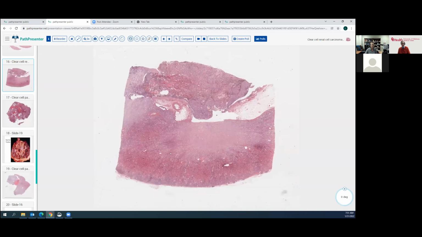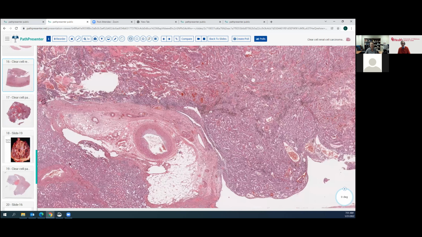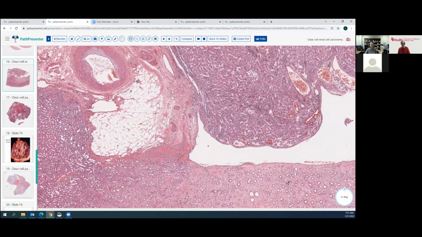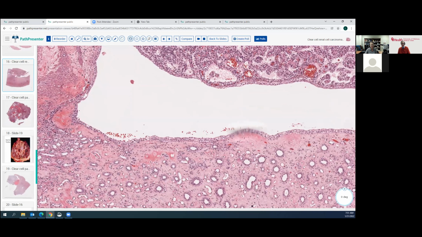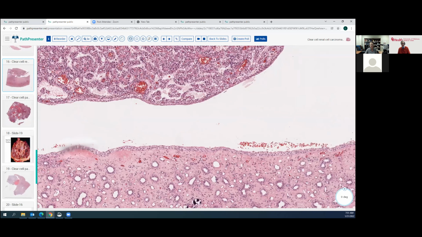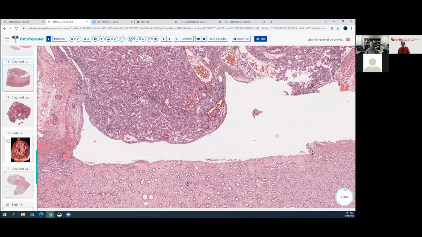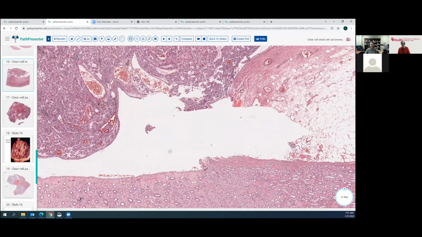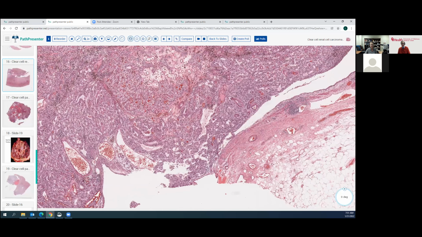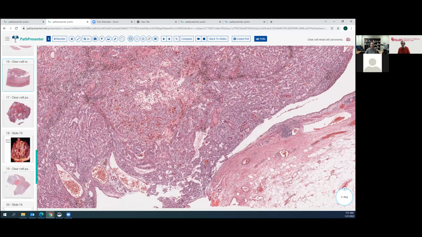Here's another clear cell renal cell carcinoma. I wanted to show this one because it actually looked like it had some invasion into the renal pelvis. And if you look in the space here, it looks like it's lined by urothelium. My mentor at Mayo Clinic actually designed the UroVysion FISH study.